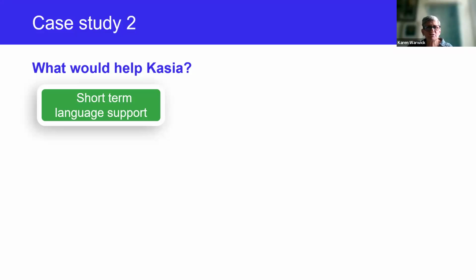So it's considered carefully, and some short-term withdrawal groups would help at this point for Kasia, which might run, say, one period a day, maybe the first period or whatever period is appropriate, every day for the first few weeks until Kasia settles, and to be reviewed very frequently.